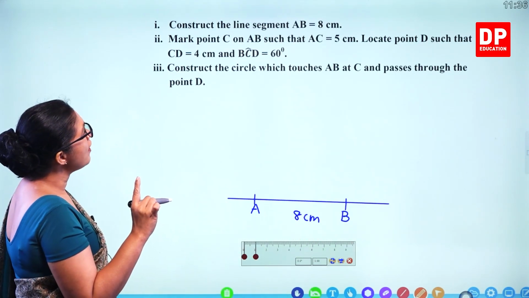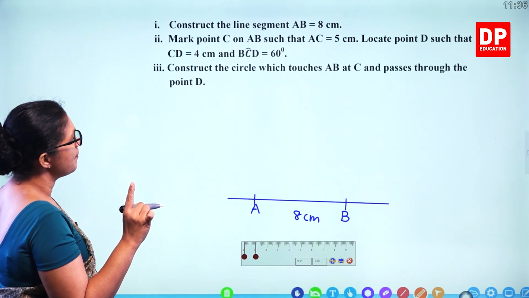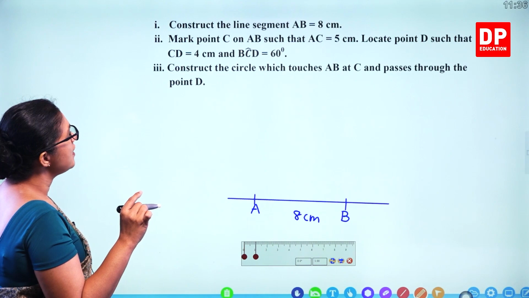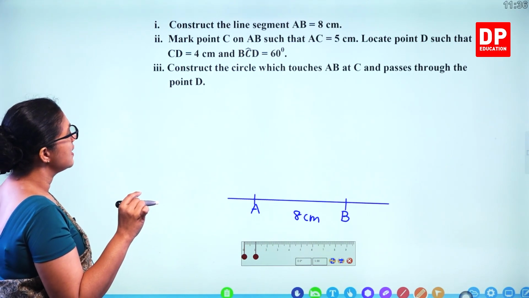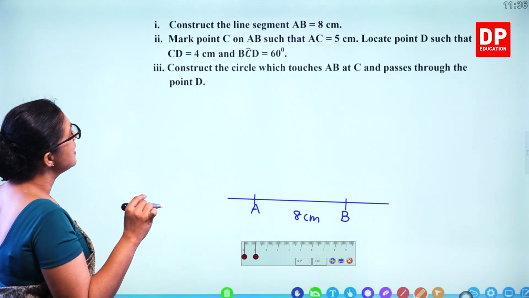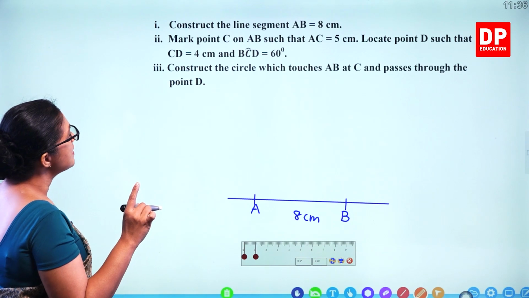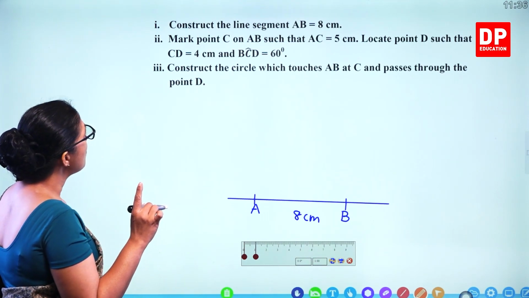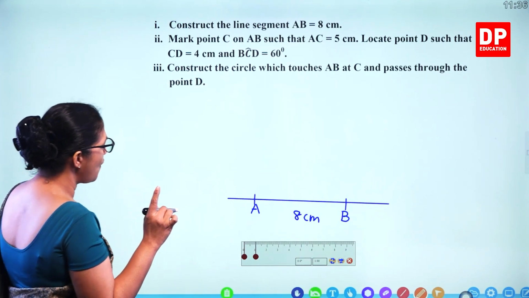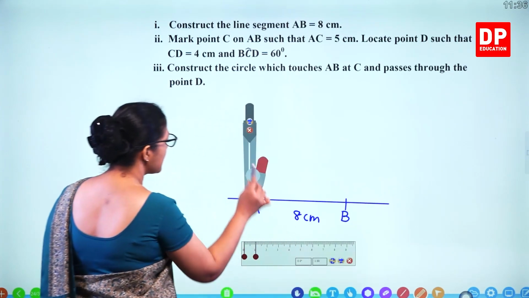Mark point C on AB such that AC is equal to 5 centimeters. Locate point D such that CD is 4 centimeters and BCD is 60 degrees. So we'll mark point C first. AC is 5. So you need the compass.